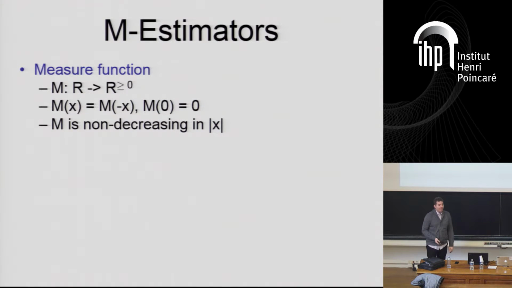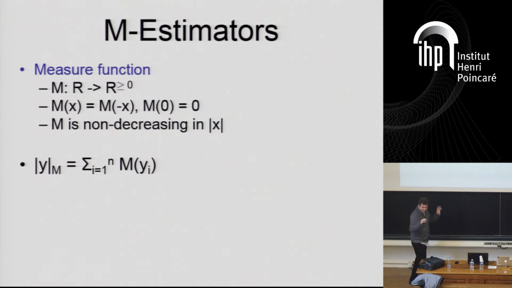This is based on defining a function M from the reals to the non-negative reals with some basic nice properties. It's symmetric about the origin. It's 0 at 0. And it's non-decreasing in the absolute value of x. Okay? I define this M function, and now I can define the M norm.